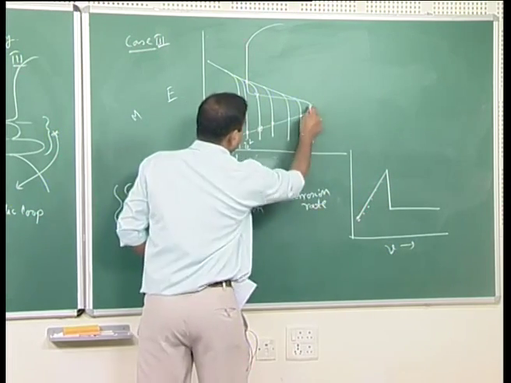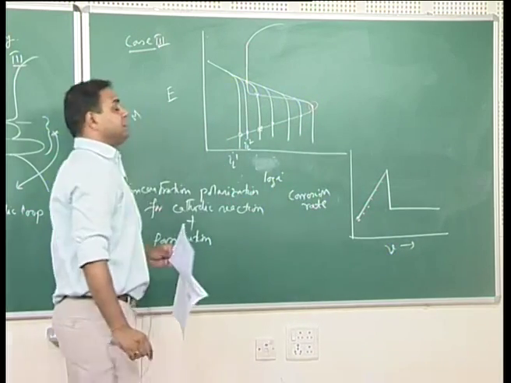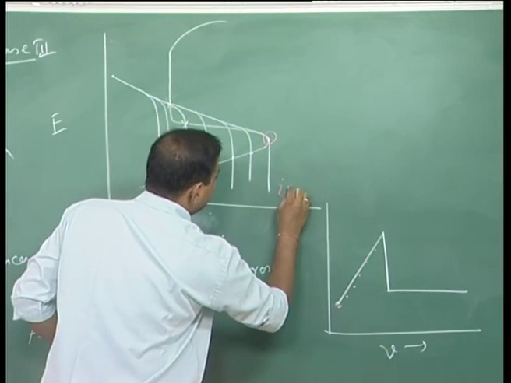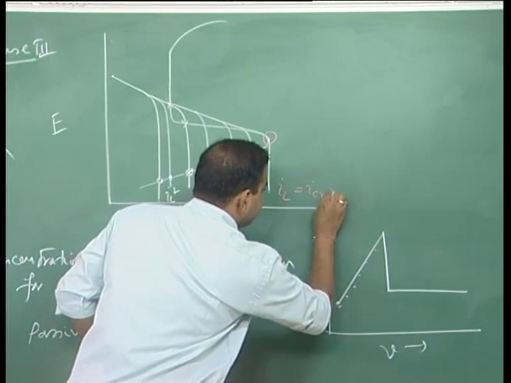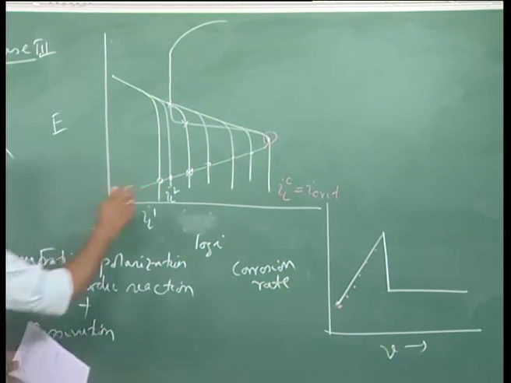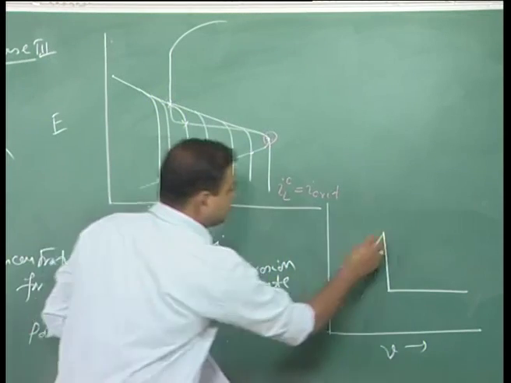Now, at this point, you please see, this point is very critical, because at this point IL equal to I critical, that means this is also corresponding to I critical of that cathodic current density. So, this is a very, very crucial point, because at this point I further increase it to this.